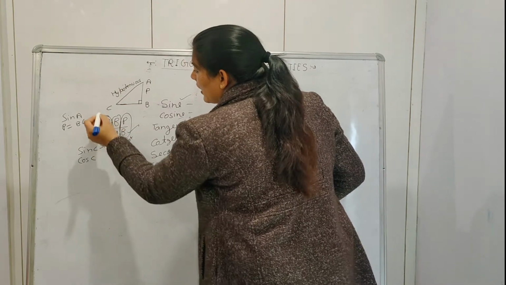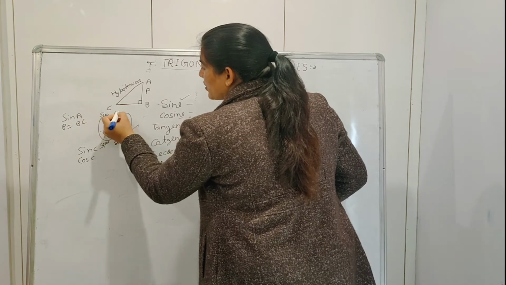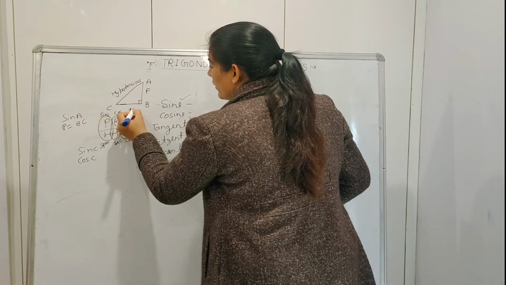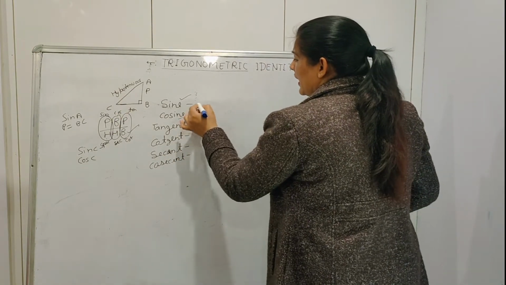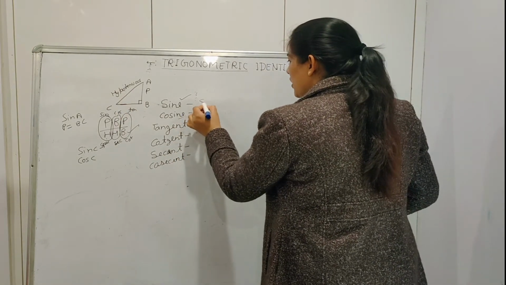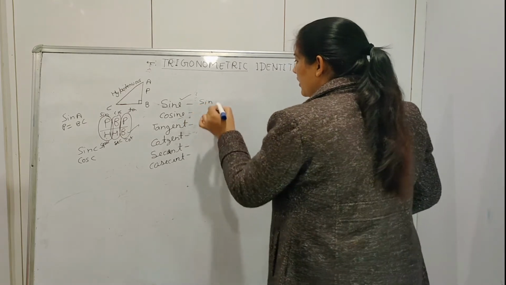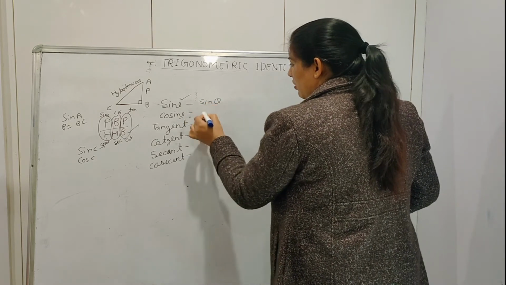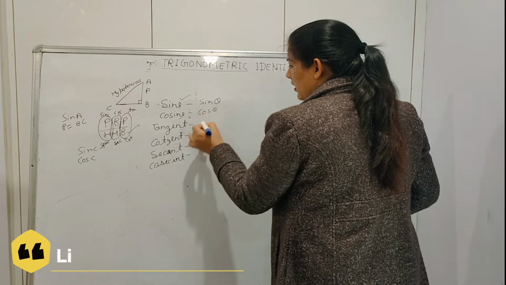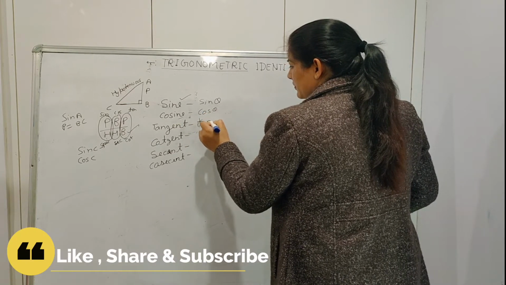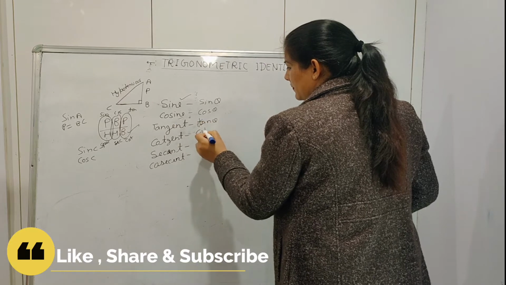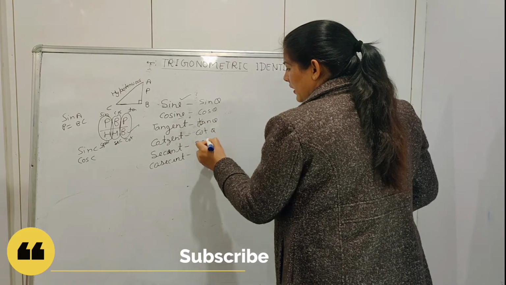Okay, this is equal to sine, cos and tan. So basically sine of any angle, you can write it as sine theta or cos theta, tan theta, cot theta, sec theta and cosec theta.